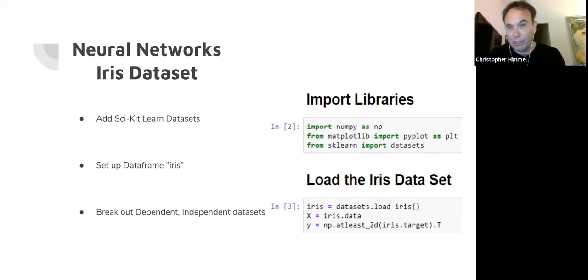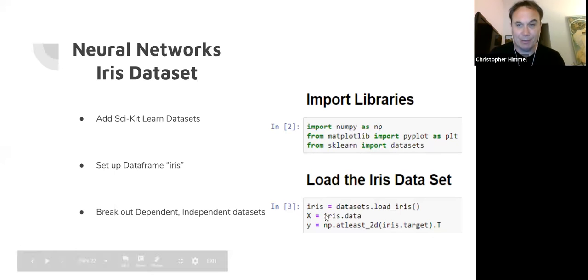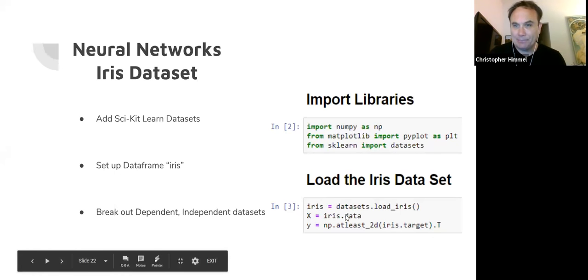Now, the amount of code that we're going to have to change is almost nothing. This is it over here as far as what we're going to change. We're going to import one more library, sklearn, and what we're going to import out of that is the datasets, the IRIS data set. We're not importing anything else. We're going to take that data set and create the X and the Y from it.